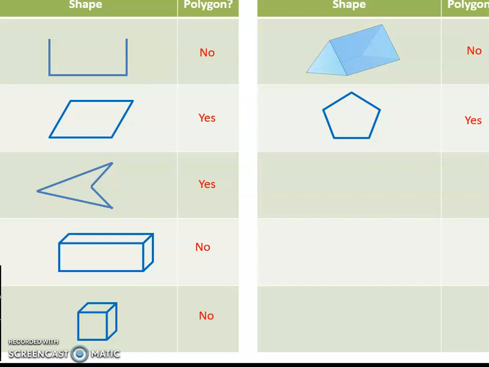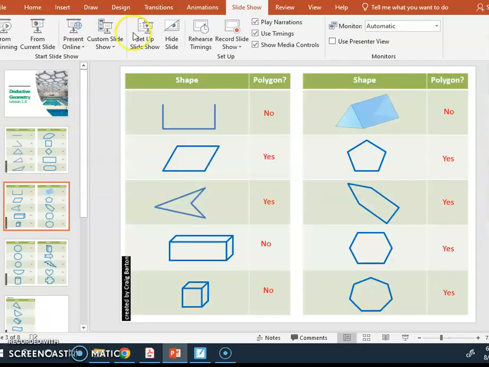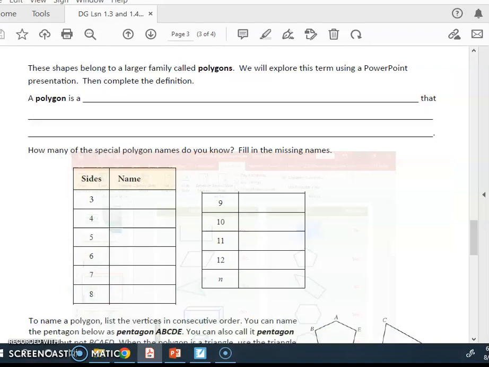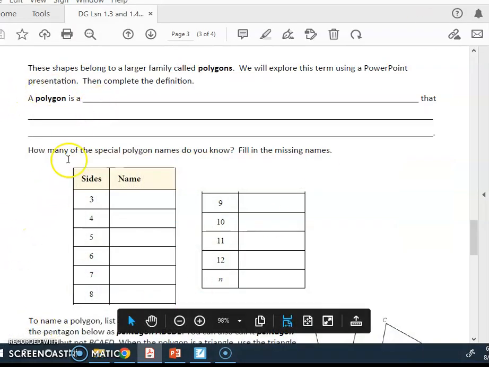So I'm going to stop here. It's the last one. And we're going to go back to the handout. A couple of things we need to know about polygons is that first and foremost, they are made up of closed shapes, line segments.